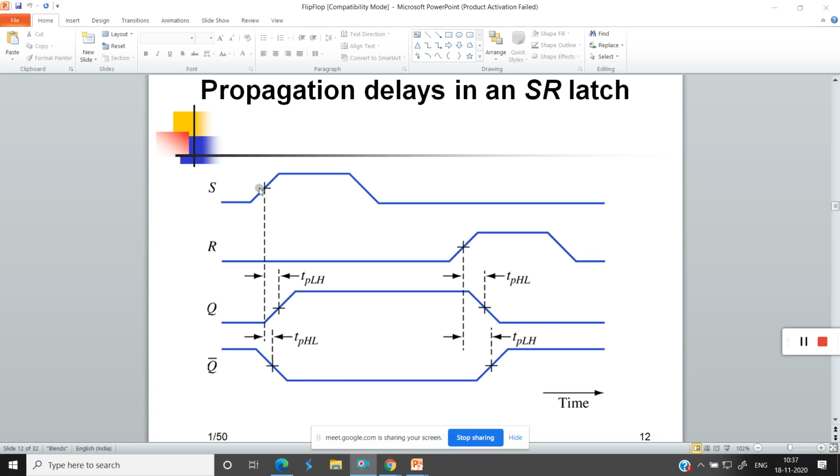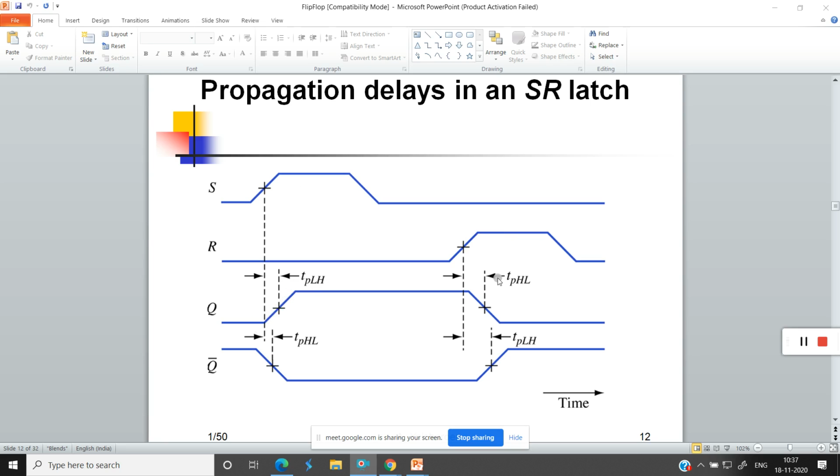What you understood from this slide is that when S is 1, Q is set with a particular amount of propagation delay, and that delay is specified by the manufacturer itself.